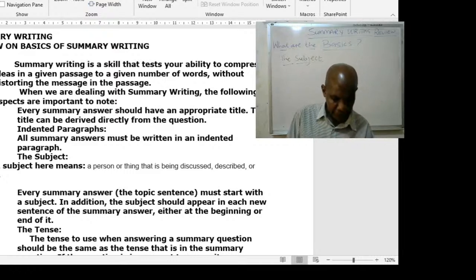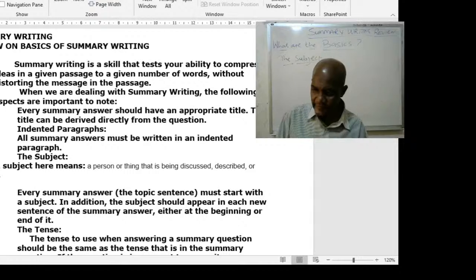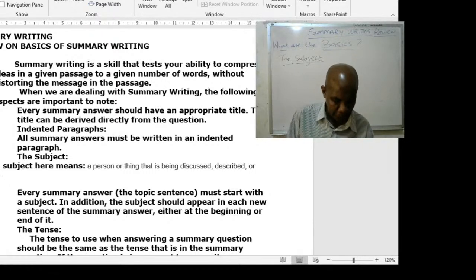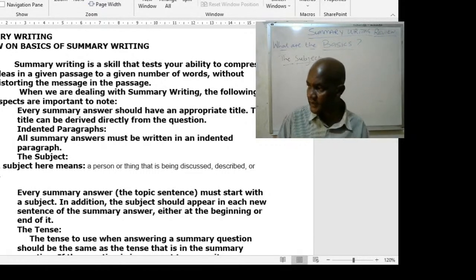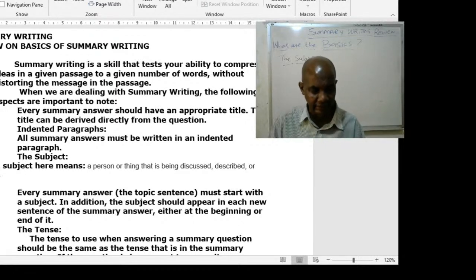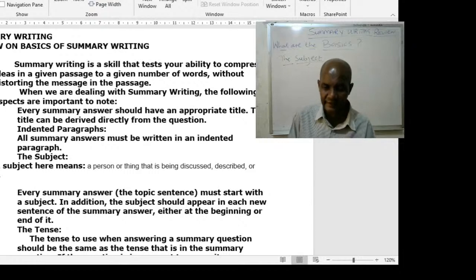Then also each sentence of your summary answer must carry the subject. It must have the subject at the beginning of the sentence, or you must have the subject at the end of the sentence.